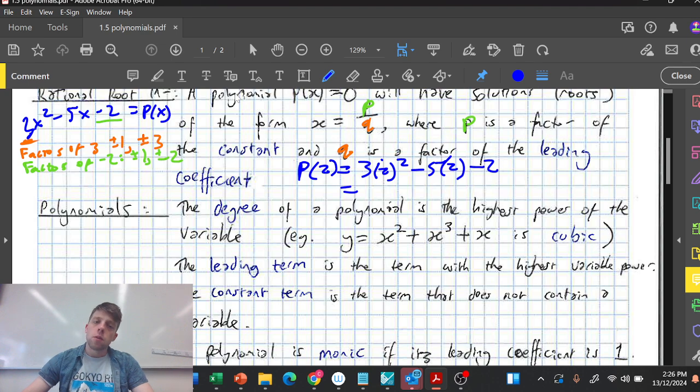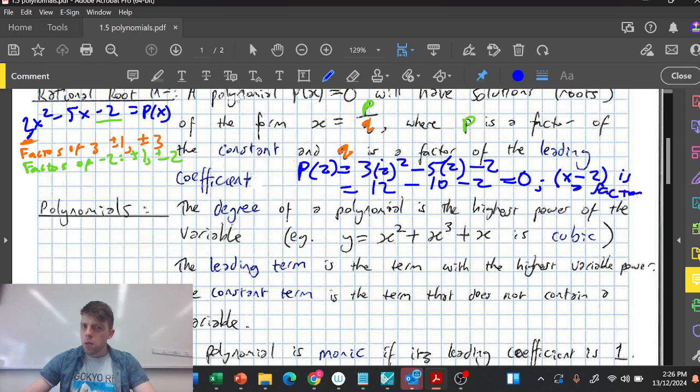So 2 squared is equal to 4, so that becomes 12 minus 10 minus 2. That's equal to 0. So what does that tell us? Well, that tells us that x minus 2 is a factor.